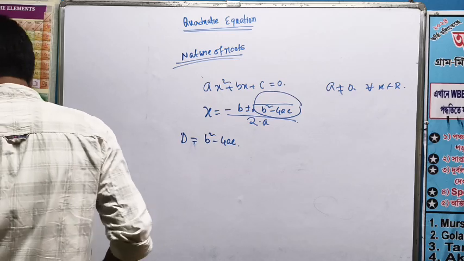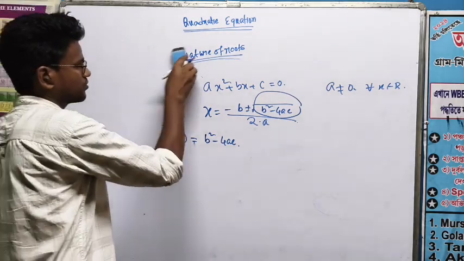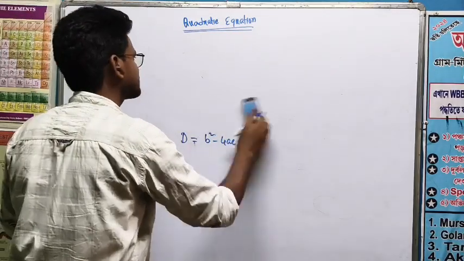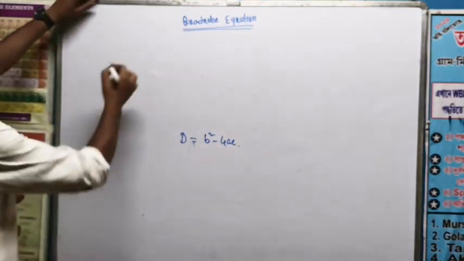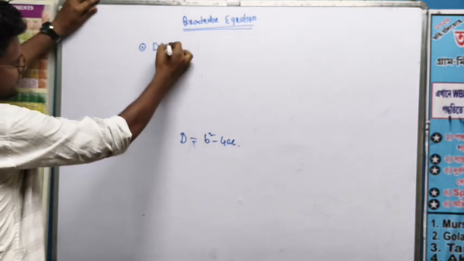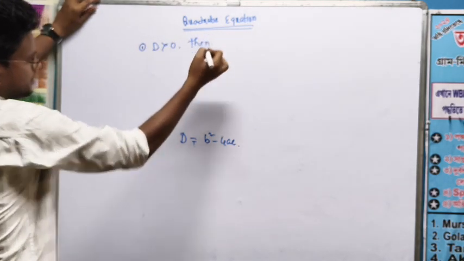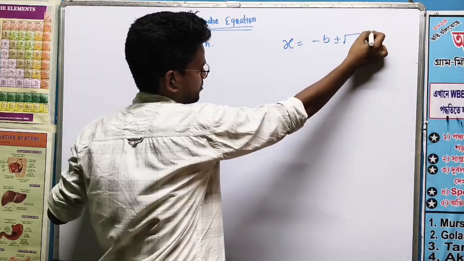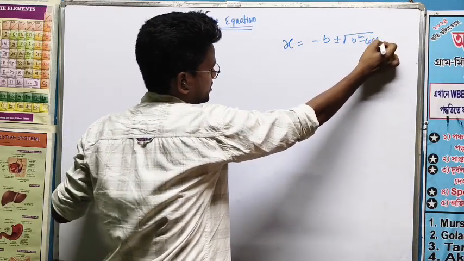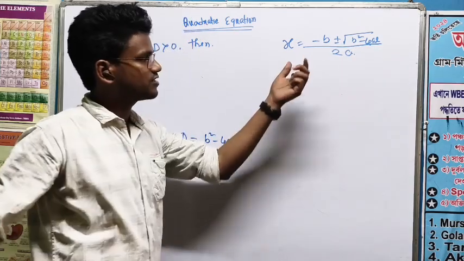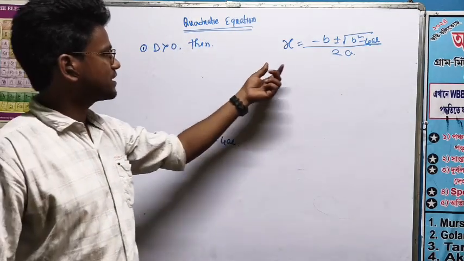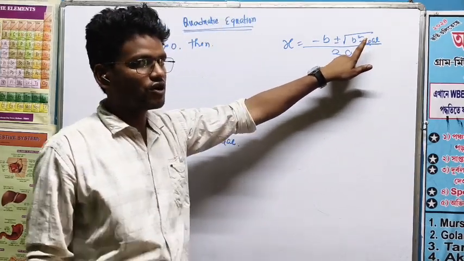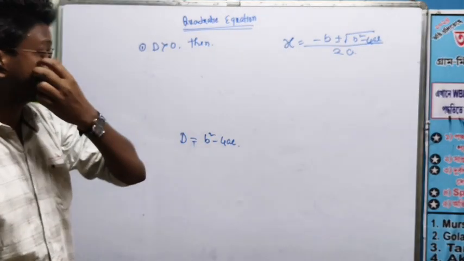Okay, so one by one I will discuss all the cases. First case, if D is greater than 0, then what happens? x equals minus b plus or minus root over of b square minus 4ac by 2a. This is the solution of the roots. So what is the nature of the roots? It totally depends on root over of b square minus 4ac, and this part is called the discriminant.